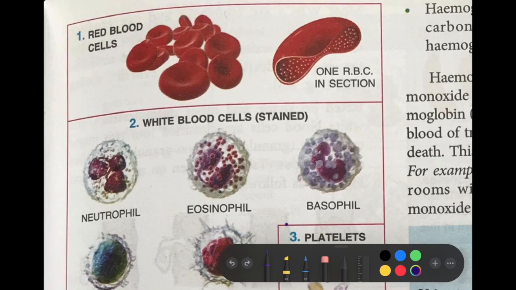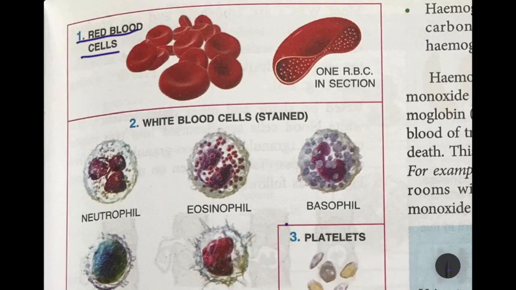Now, red blood cells, also known as erythrocytes, are the oxygen carriers of the body. They are very minute, very, very small, biconcave, disc-like structures. You can see rounded disc-like structures. Biconcave means it has depression on both sides. Okay, depression on both sides.